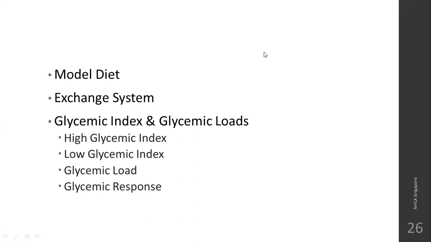So coming to exchange system, this is the food exchange system. If you check your dietetics textbook, in the chapter of menu planning, you will find a protein exchange chart. Here they have given you a carbohydrate exchange chart. What is food exchange or carbohydrate exchange or protein exchange?